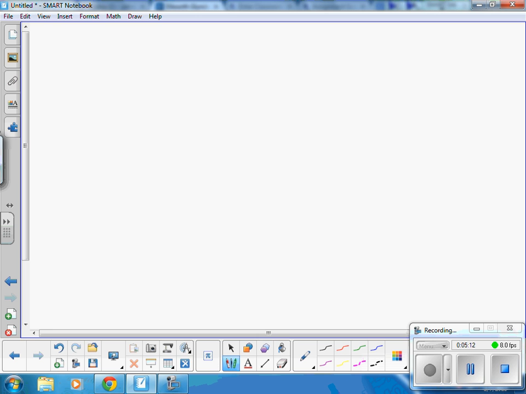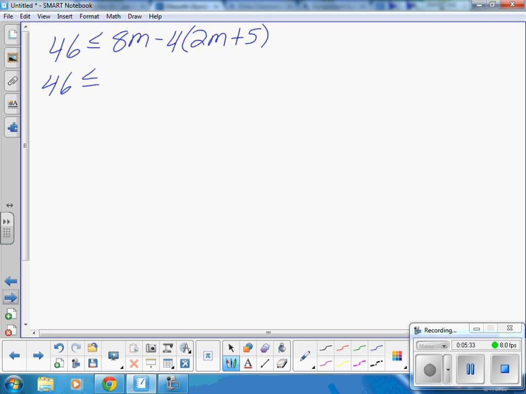Last example, or last problem. 46 less than or equal to 8m minus 4 times the quantity 2m plus 5. Go ahead, do that on your own. 46 is less than or equal to 8m minus 8m minus 20.